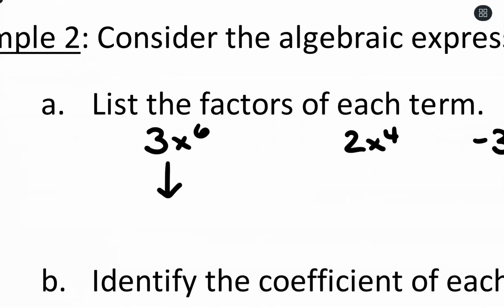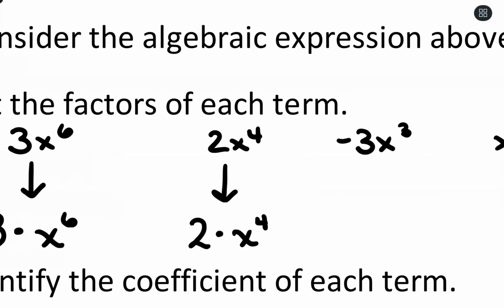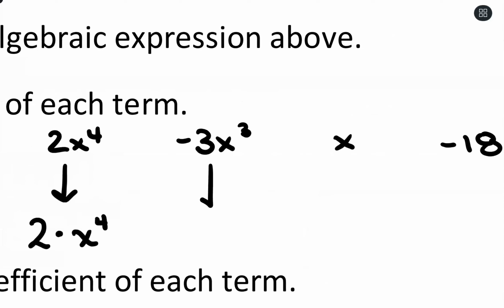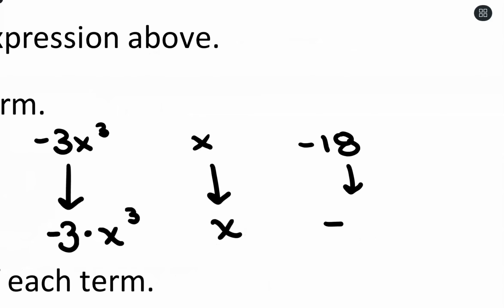If I wanted to list out the factors, this 3x to the 6th is coming from a 3 times x to the 6th power. 2x to the 4th is coming from 2 times x to the 4th. So all we're really doing here is showing the multiplication that's separating this coefficient part and the variable part. Now x is just x, and negative 18 is just negative 18.